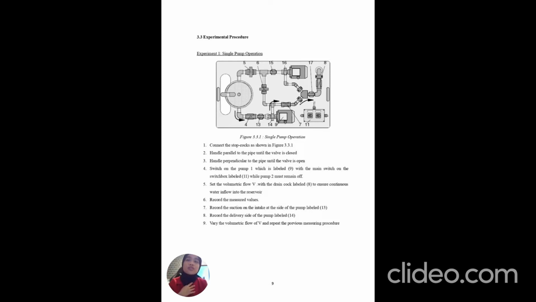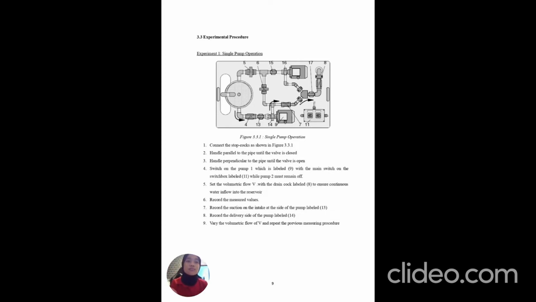Then switch on the pump, labeled 9, with the main switch on the switch box labeled 11, while pump 2 must remain off. Set the volumetric flow with the drain cock to ensure continuous water flow into the reservoir.